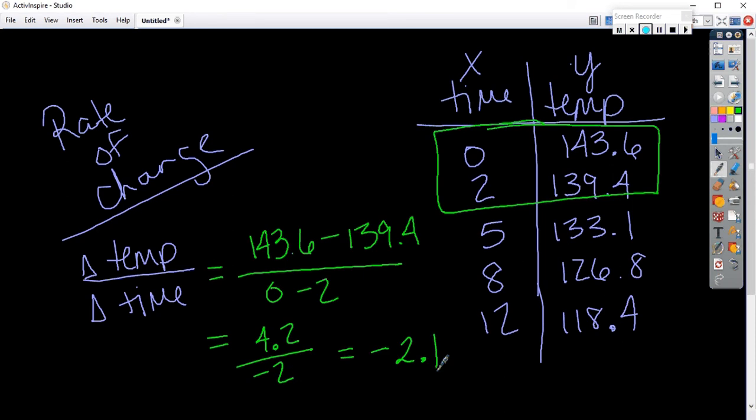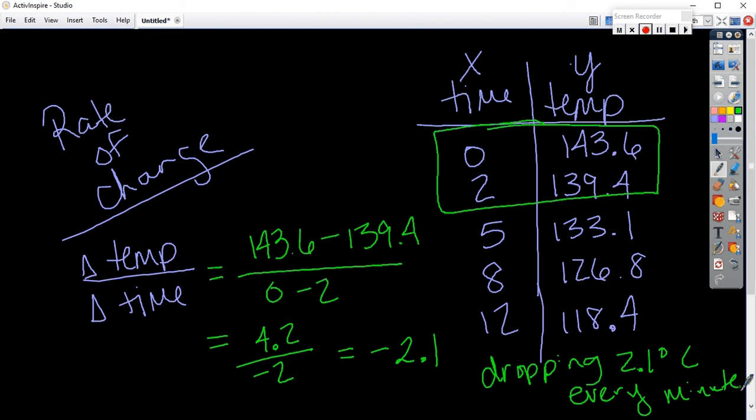Interpret what that means. Basically, it is changing temperature. It is dropping 2.1 degrees Celsius every minute.